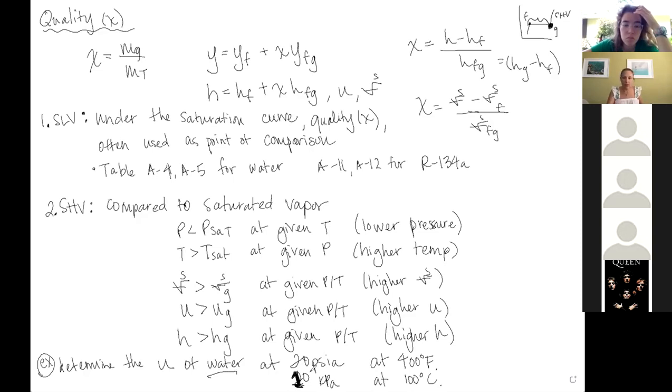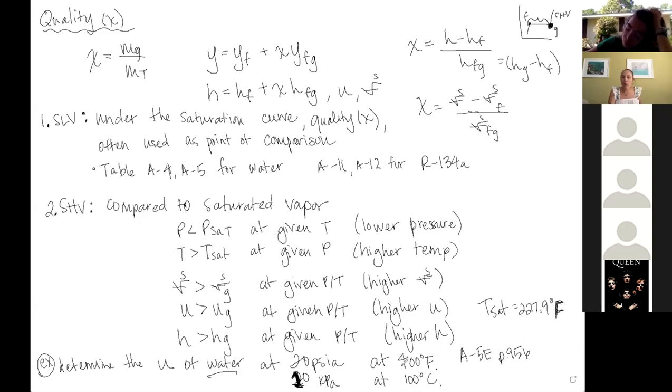So A5E on page 956 or thereabouts, at 20 psi, my saturated temperature, my Tsat value, is 227.9 degrees Fahrenheit.